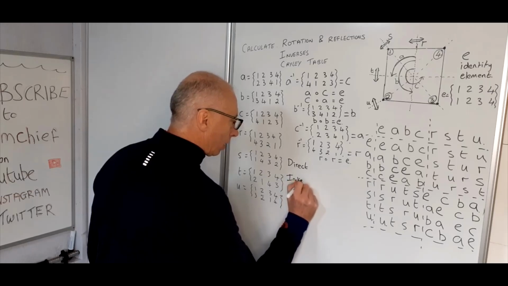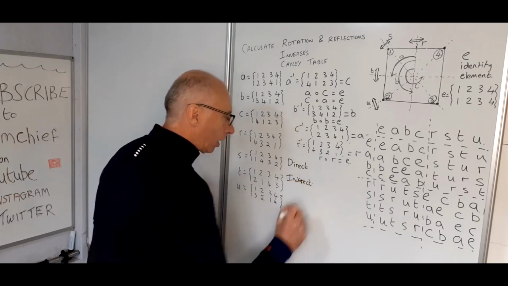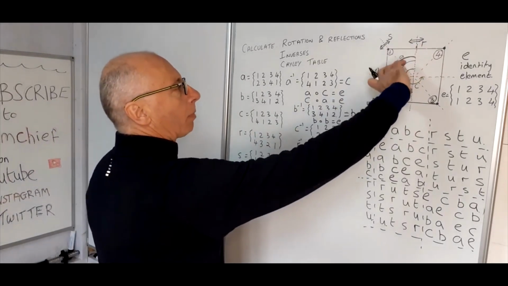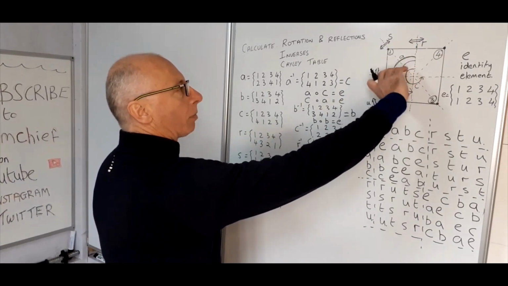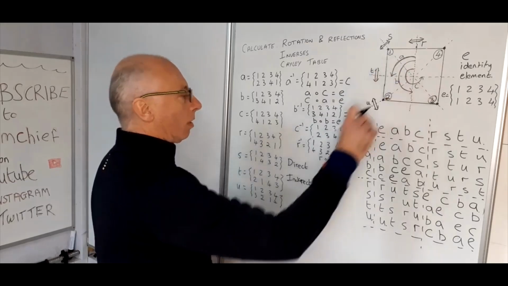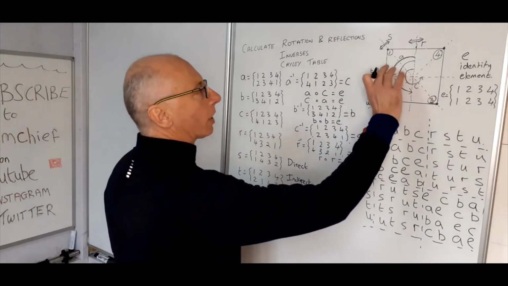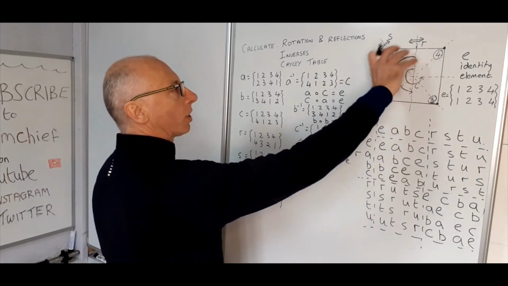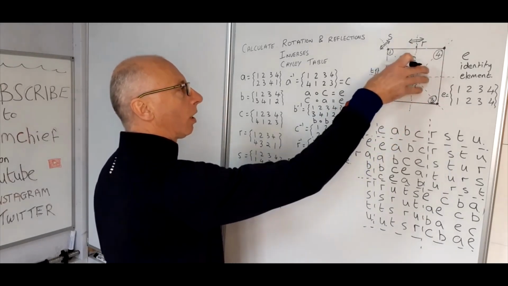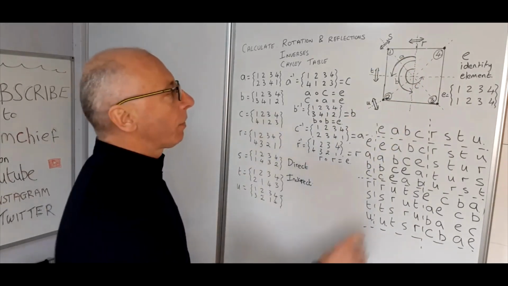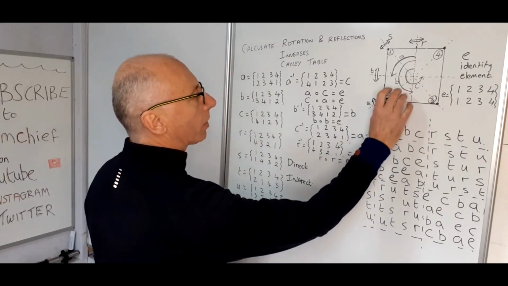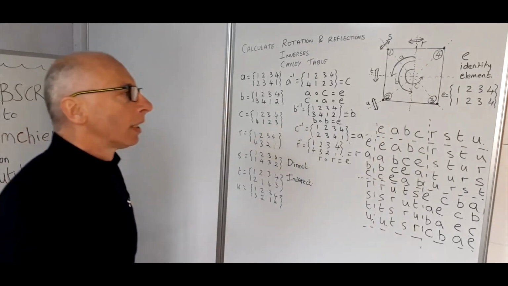So what happens is, for a direct symmetry, you don't need to lift the paper off the table when you're rotating it. But for an indirect, you'll need to lift it to get it to where you want. So a rotation, you can just leave the paper on the table. For a reflection, to get from 2 to 3, you've got to lift it off to get it to where you want it to be.